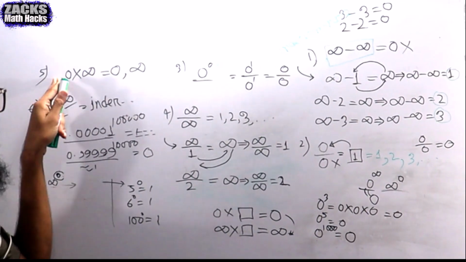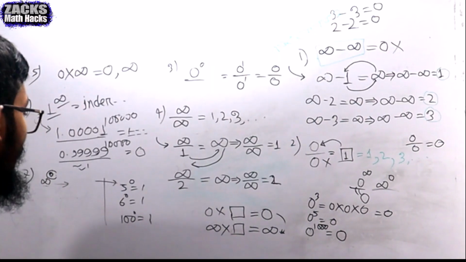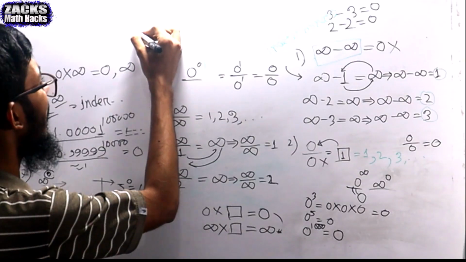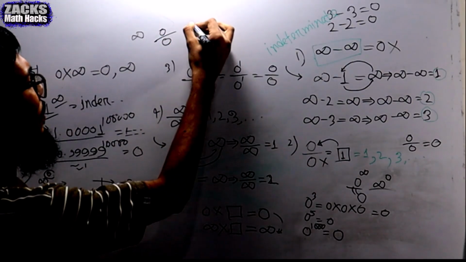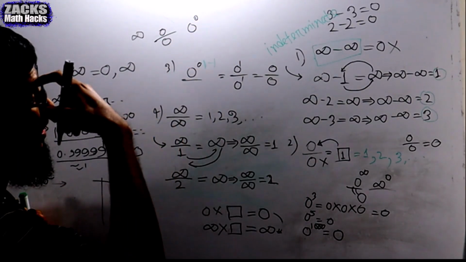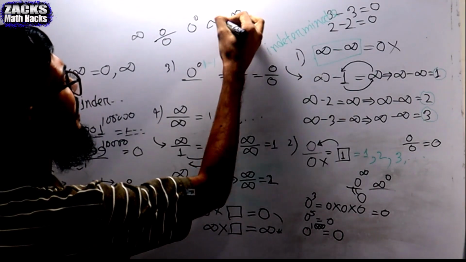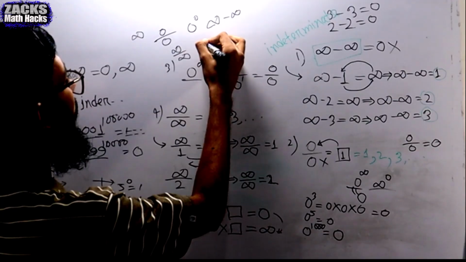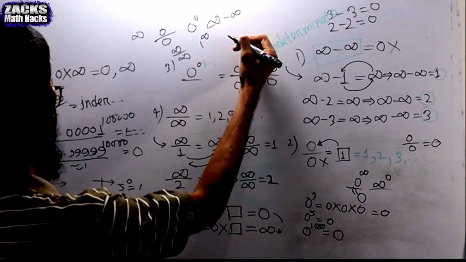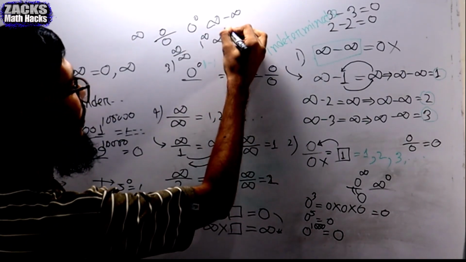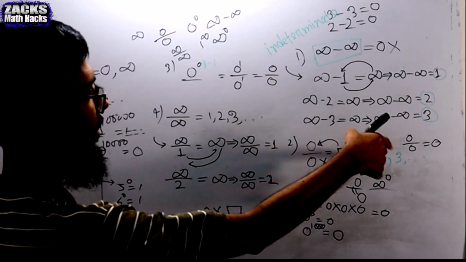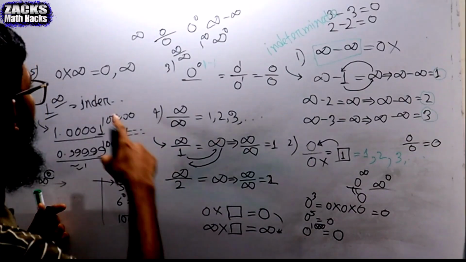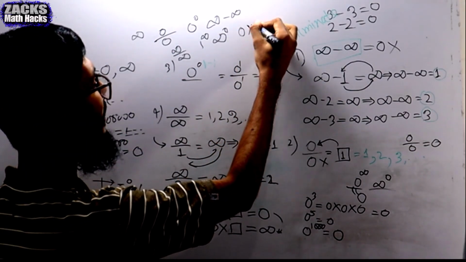Okay, leave this one, whatever the sequence. These 7 expressions: first 0 by 0, 0 to the power 0, then infinity minus infinity, infinity by infinity, 1 to the power infinity, then infinity to the power 0, and 0 multiplied by infinity.